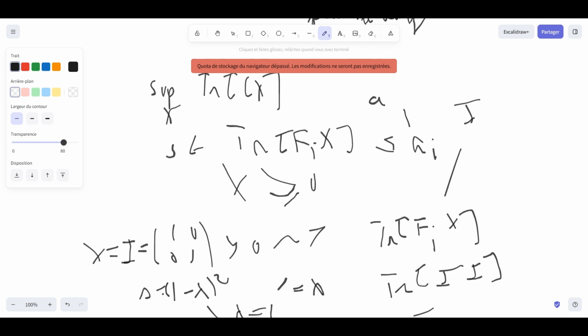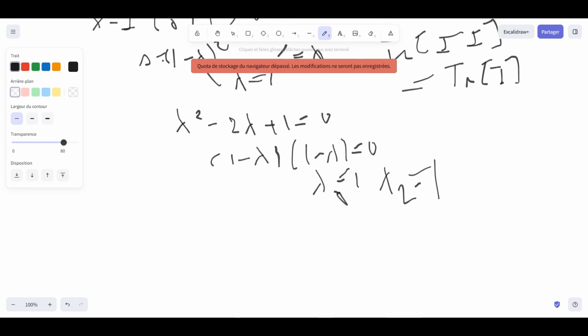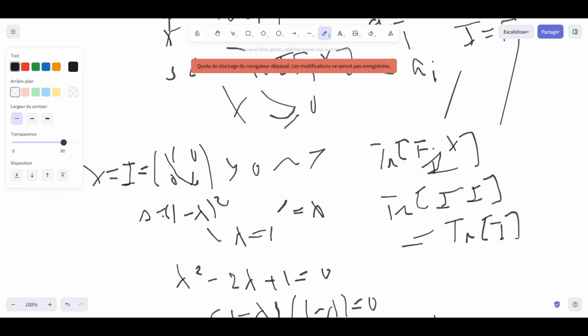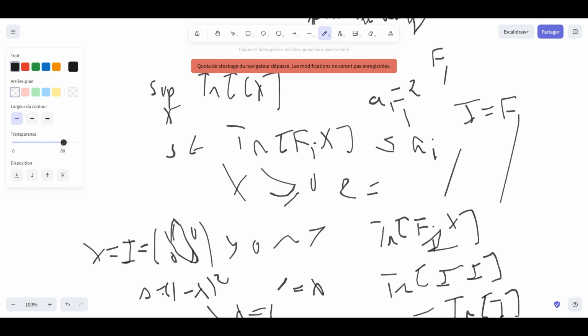We know for now it will be a_1 equal 2, f_1 equal I. So the trace of F_1 x is equal to the trace of I squared, which is just I, and so the trace of I, just the diagonal trace, is 1 plus 1, so it's 2. And because we fixed a_2 as 2, we have 2 is inferior to 2, so it's okay.